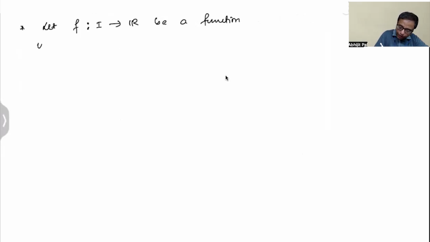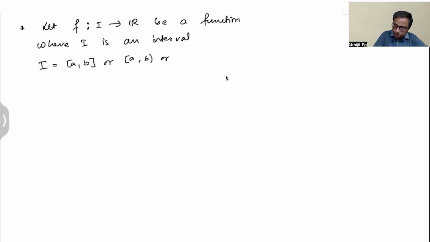This I may be a closed interval like this, or it can be semi-closed like this, or it can also be an unbounded interval, something like this.